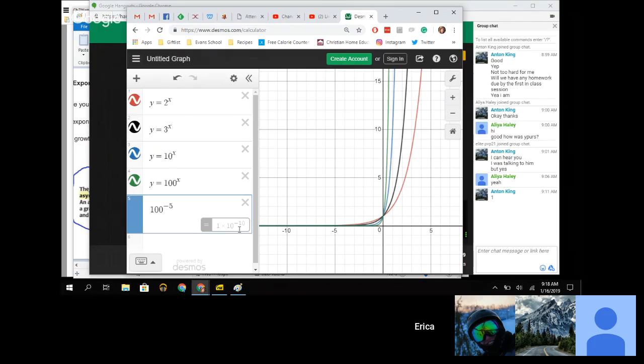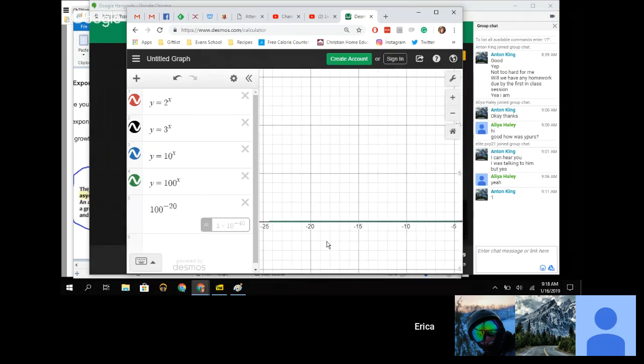It's a tiny, tiny number. If I have 10 to the negative 20 power, way out here, and I'm looking at my table, it's a tiny number. It's basically 10 to the negative 40 power. So it's this tiny, tiny number.